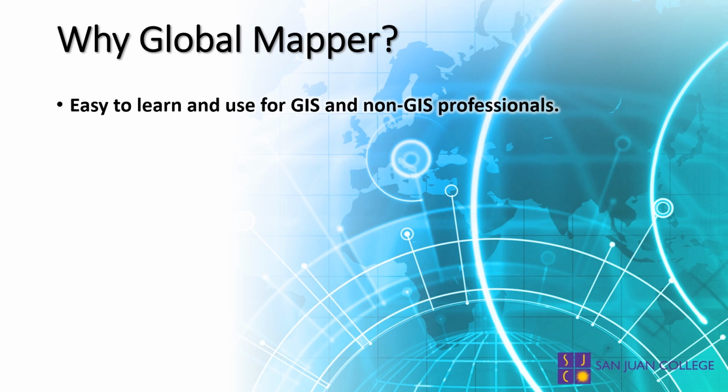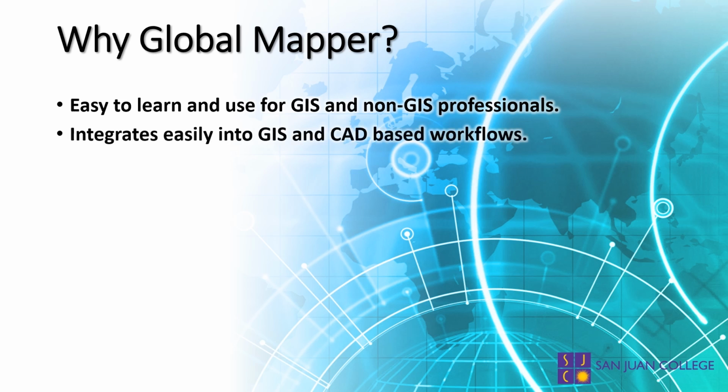So we have quite a wide cross-section of students, and GlobalMapper really fits into it as a tool that they can use once they get out of school, that's fairly inexpensive and pretty comprehensive as far as what you can do with it. Just a wide variety of uses for GlobalMapper.